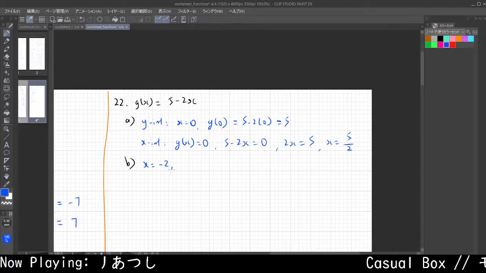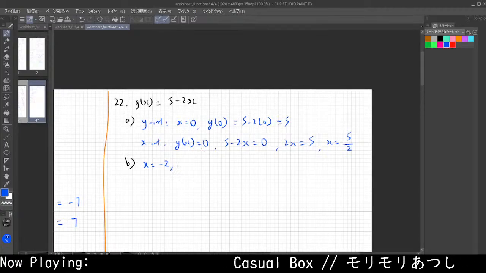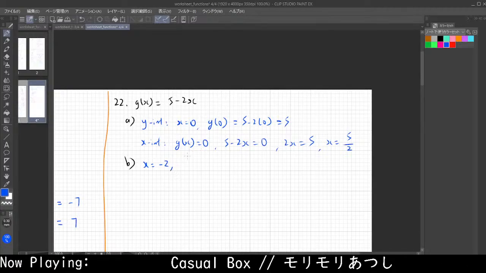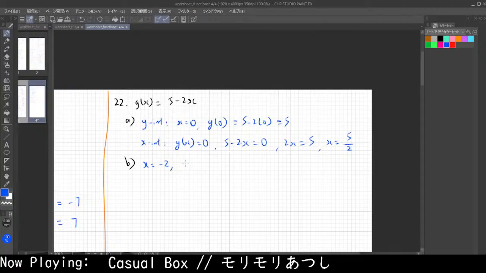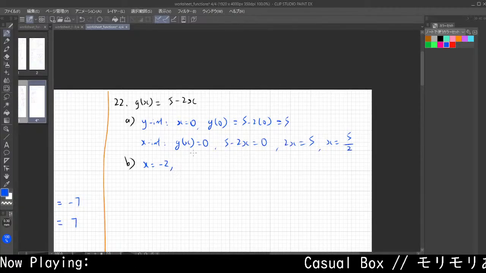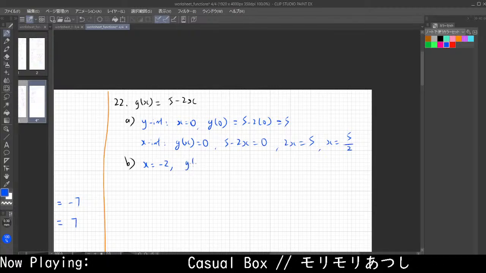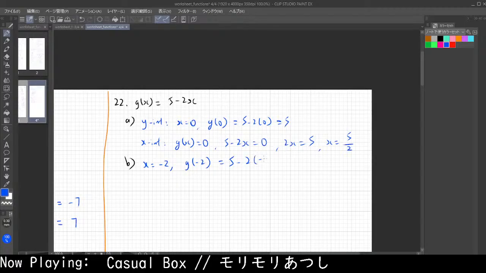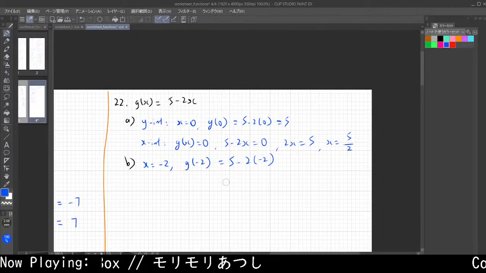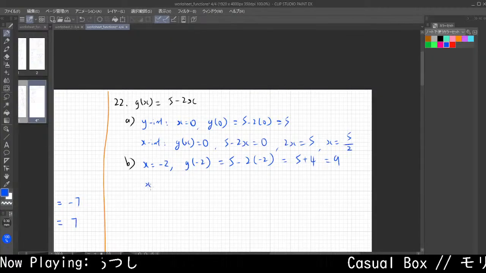Because this is just a line without an absolute value, when x equals -2, g(-2) equals 9, and when x equals 2, g(2) equals 5.